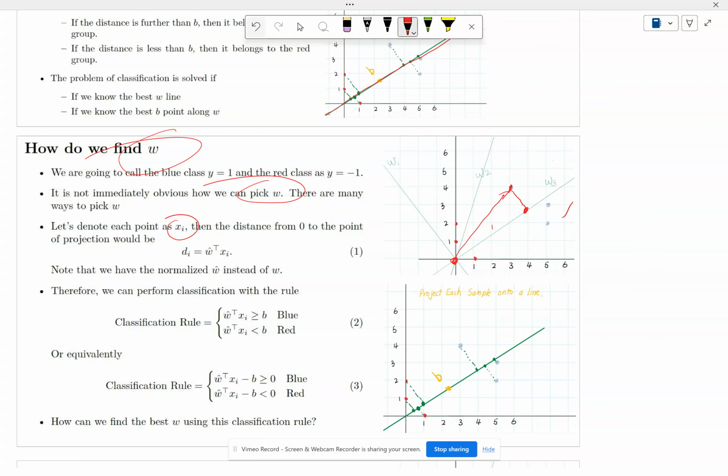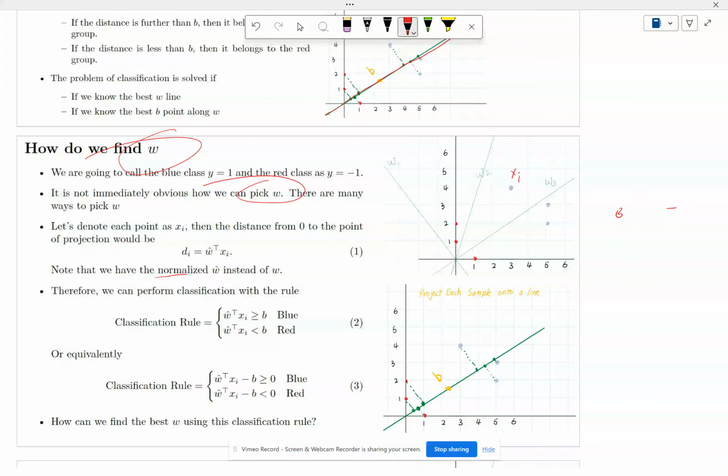We know that the distance here is equivalent to xi times W3 transpose normalized. This is equal to D. So we just learned that, the idea that you can find the distance after projection. So we have an equation with which we know how to find the distance after the projection, di.